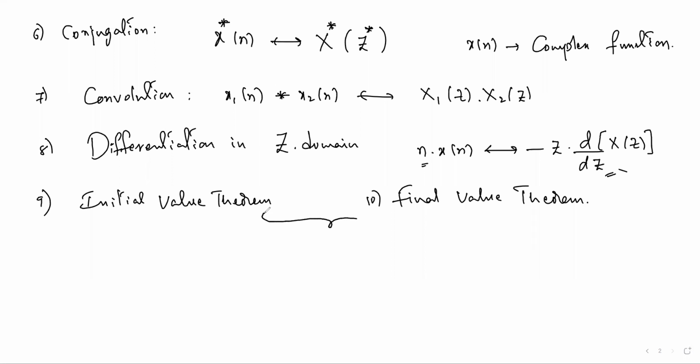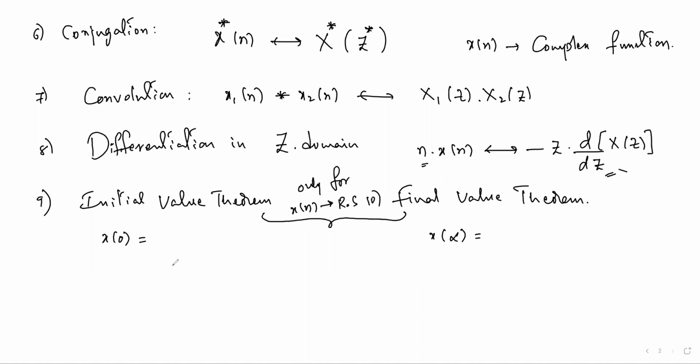Read like this. Only for x of n right-sided signals. If x of n is right-sided, first value or initial value is x of 0. Final value is x of infinity. So if we are unable to calculate this value in time domain, we can go to the z domain, provided we know the z transform of the function.